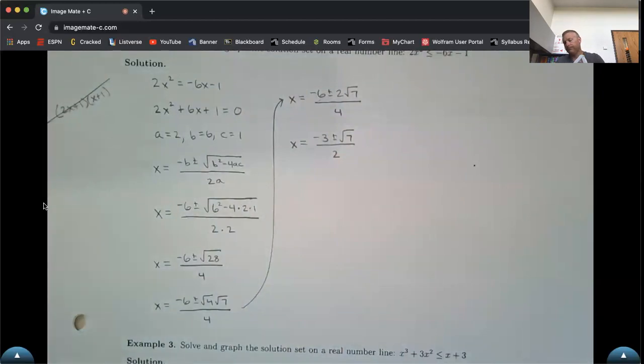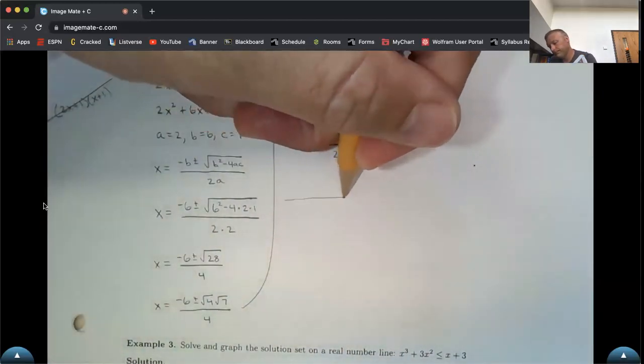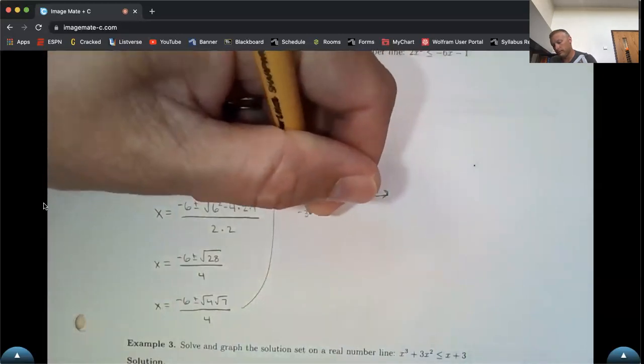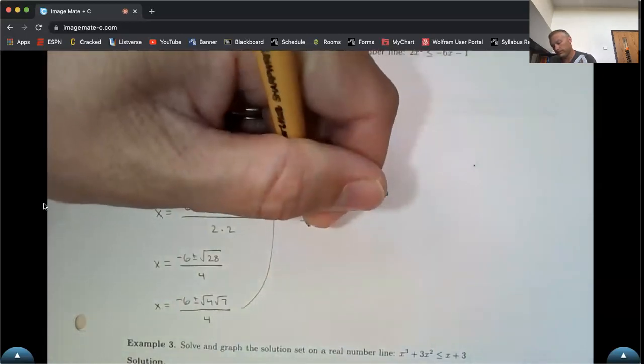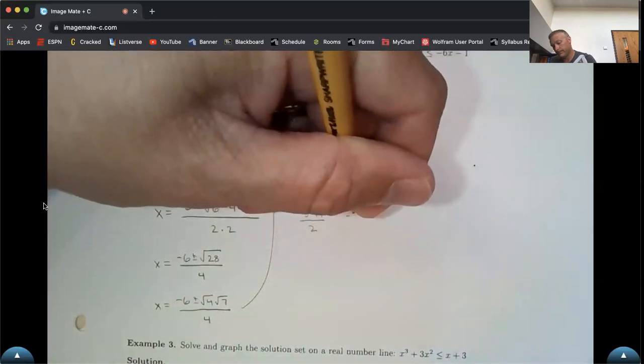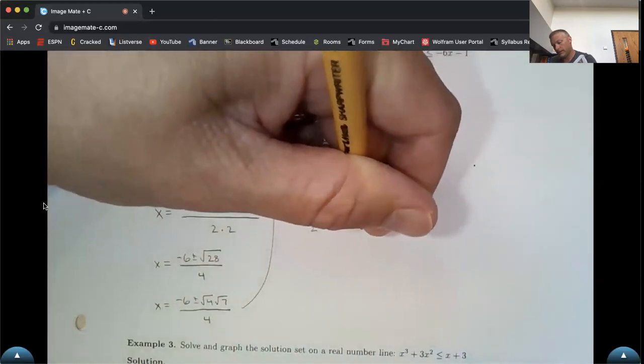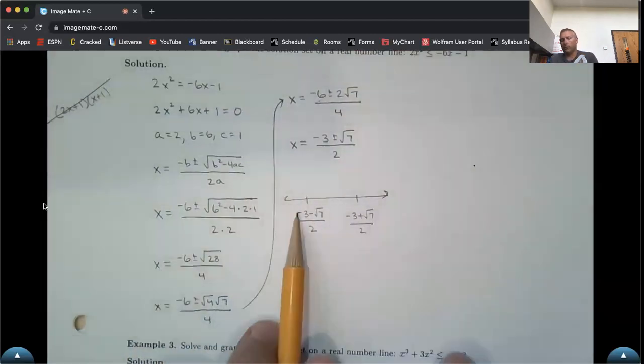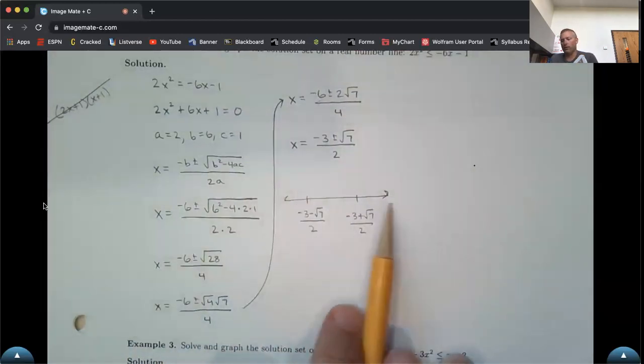What I'll do then is I'll put these numbers on the number line. And since these aren't very intuitive numbers, it might be helpful for us to get an approximation of them to see what's a number I can pick to the left, one in the middle, and one on the right.